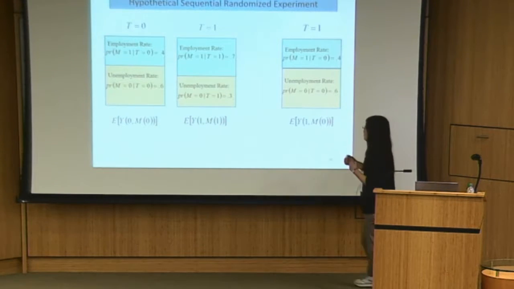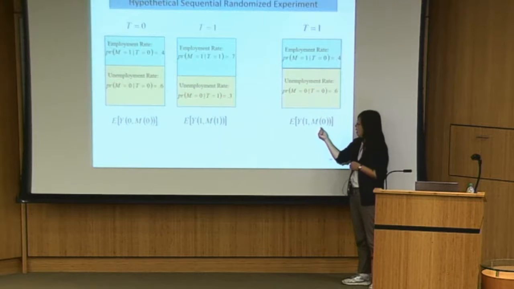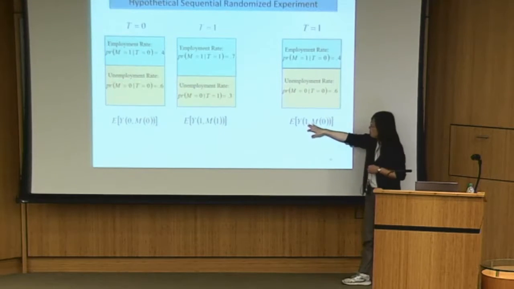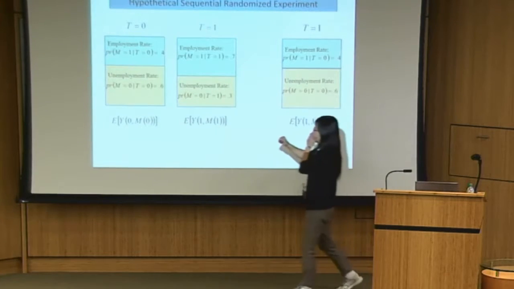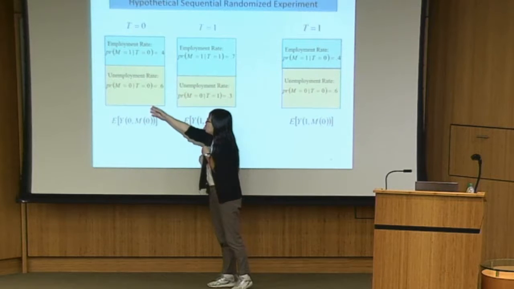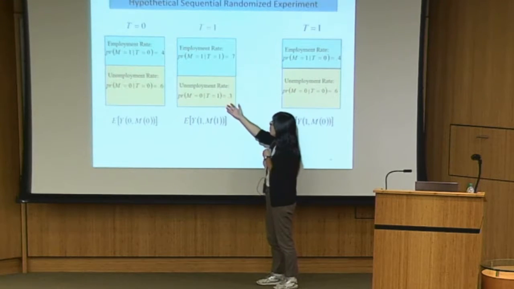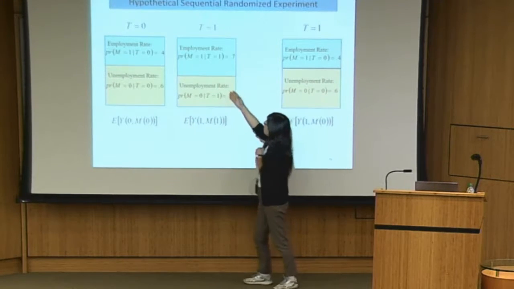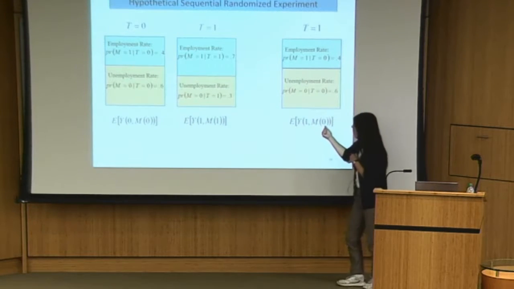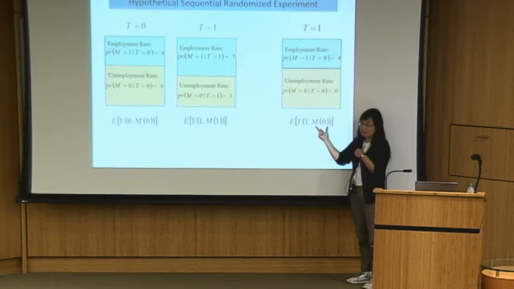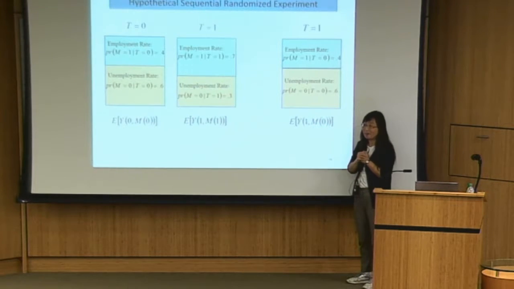So now we are working on the last one, right? Suppose everybody is treated and the mediator is M0. How do you identify this quantity? I cannot use this one because here everybody is untreated. I cannot use this one because here the employment rate is 0.7, while under the control condition, the employment rate of M0 should be 0.4.